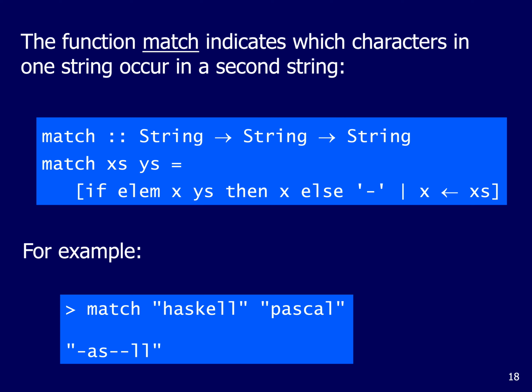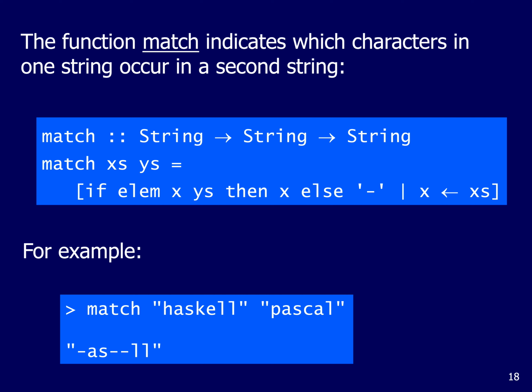So to finish off the implementation of the hangman program, all we need to do now is implement the final helper function called match. And there's many different ways that we could do this, but what I've decided to do here is have the function indicate which characters in one string occur in another string. So we can see a simple example of this down at the bottom.